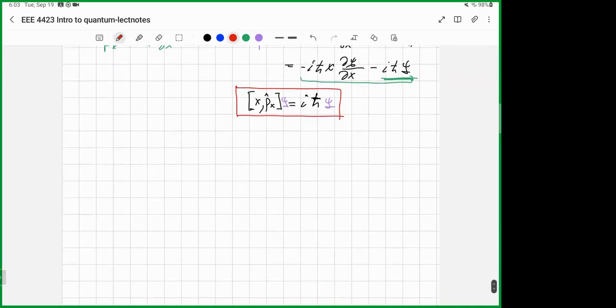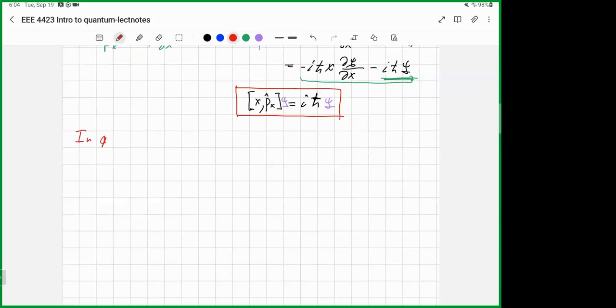Yes, and so this is the illustration of the so-called Heisenberg uncertainty principle. Okay, so let's write this down this way.